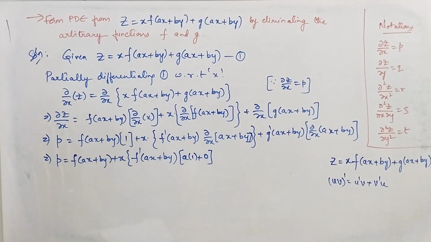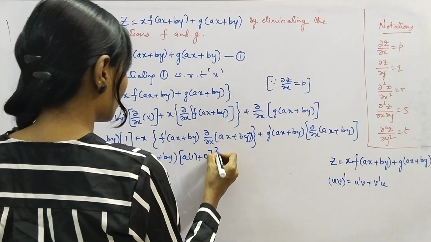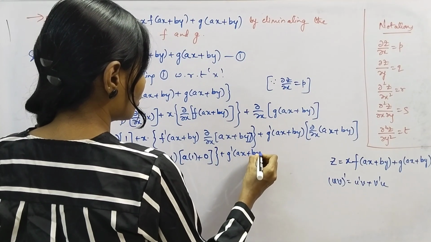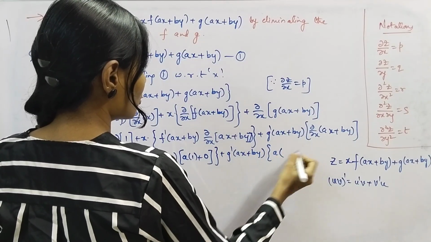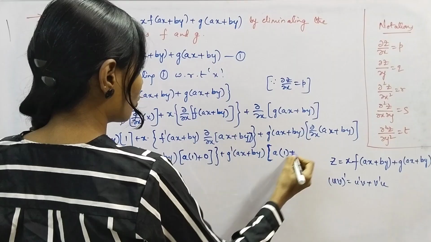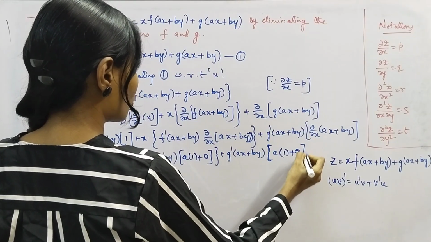Since we are partially differentiating with respect to x, we'll treat y as constant, okay? Plus g dash of ax plus by into a times partial derivative of x with respect to x is 1 plus partial derivative of by with respect to x is 0.